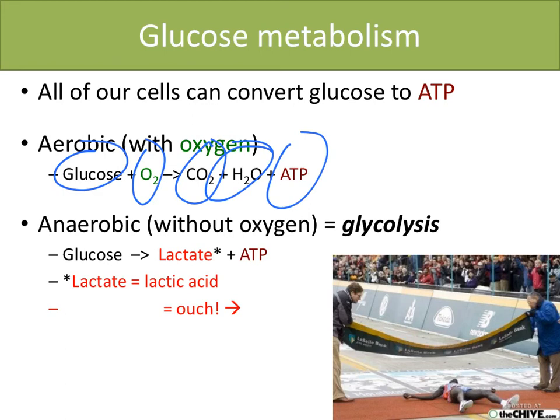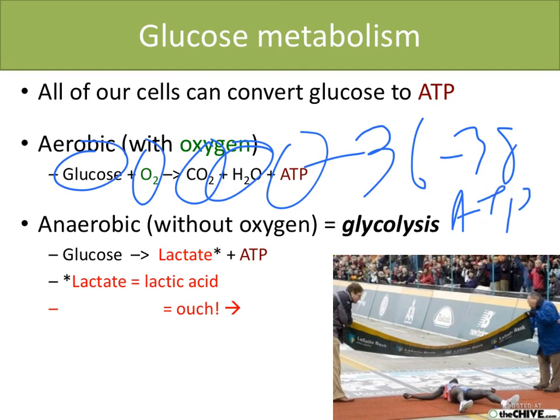Here you get 36 to 38 ATPs, and here you get, I think, 2. So every time you break down glucose, you're going to get at least 2, but it's not a very efficient pathway.